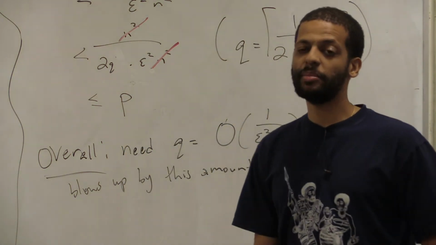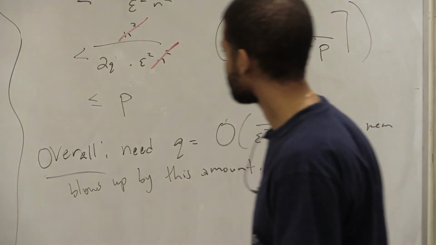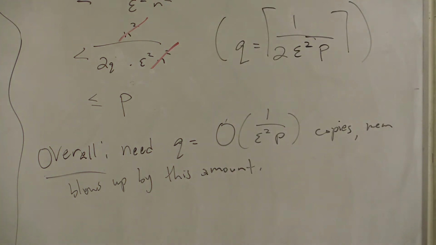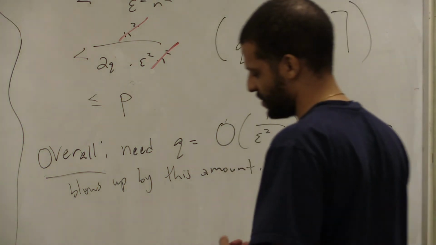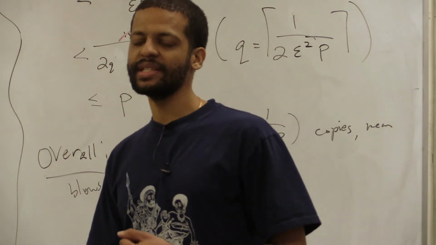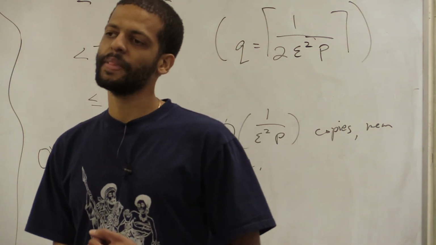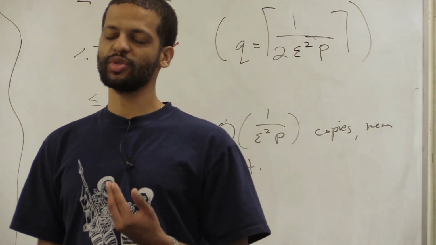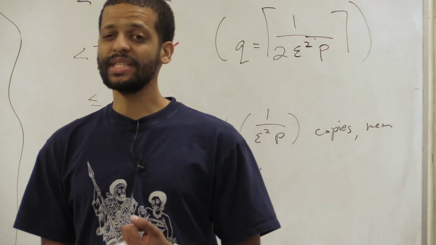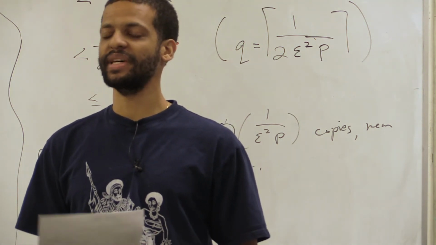And what's the memory per copy? Well, let's look at it like this. So x is this counter I'm storing in memory.